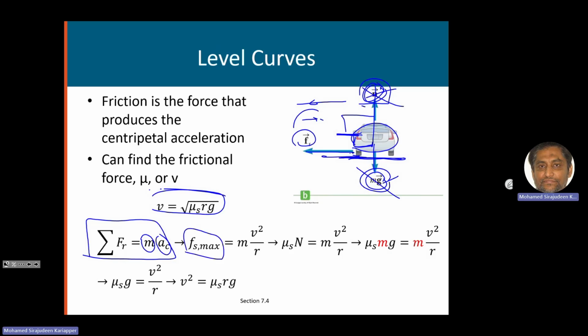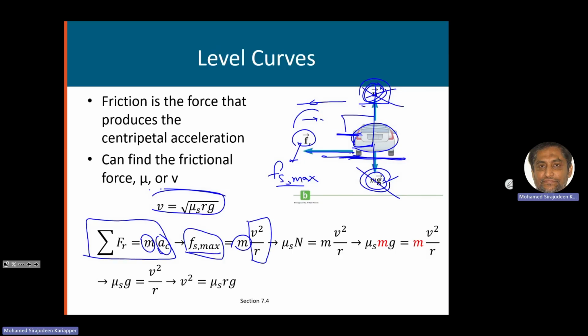Let's say it has reached a value where we want to find the maximum speed the car can go and still take this curve. That means we have reached the maximum force available. The static friction force has a maximum value, so I will use that value. Fs max is equal to m times the centripetal acceleration, v squared over r.